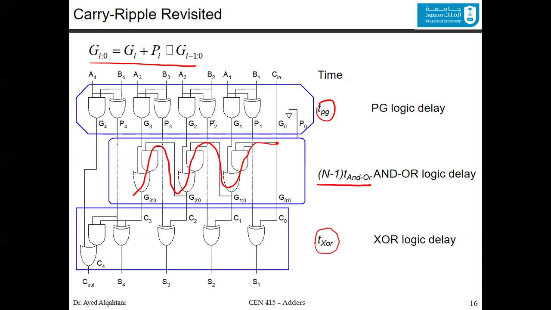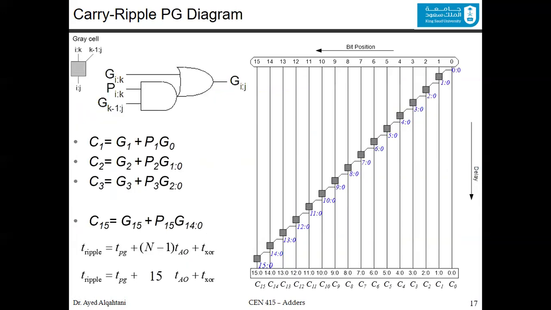Now, instead of drawing the whole graph for every type of adder, we know that the difference is only here when you find the group generations. This is why we will introduce the BG diagram, and we will have it for the first type, which is the carry ripple BG diagram.